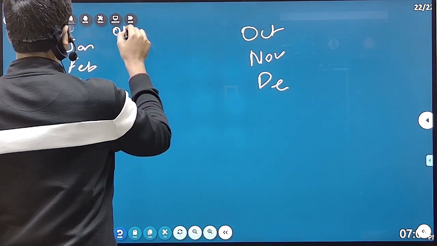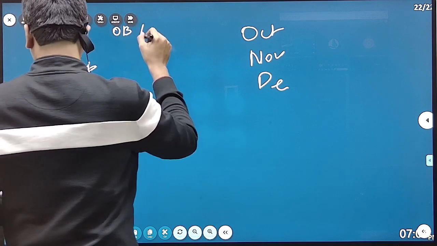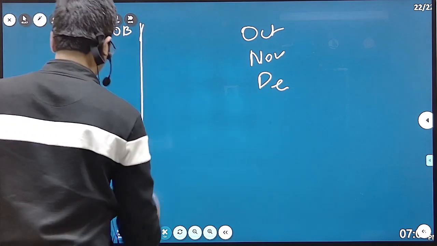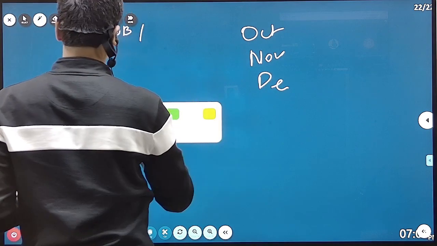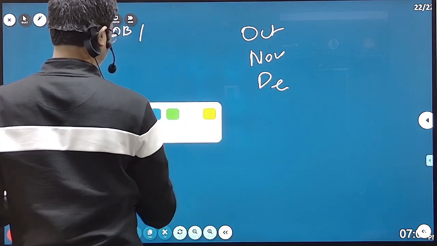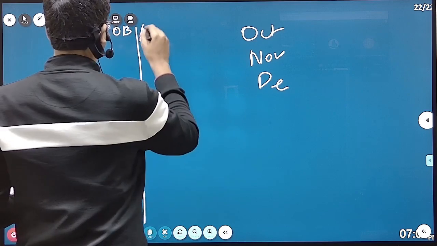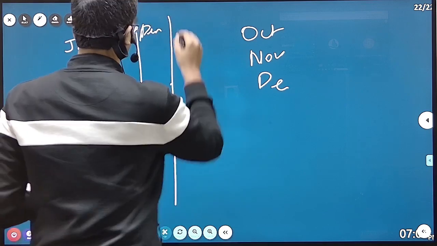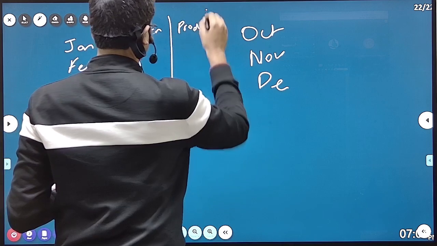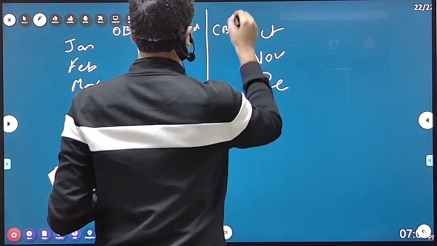Opening balance, this is your demand, production and closing balance.